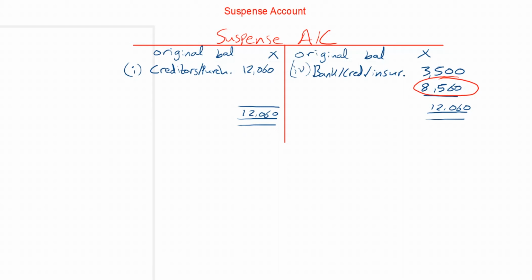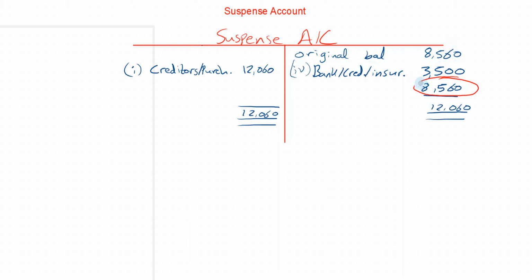So we can go up here and say the original balance wasn't a debit entry, the original balance was a credit entry, and it was 8,560.